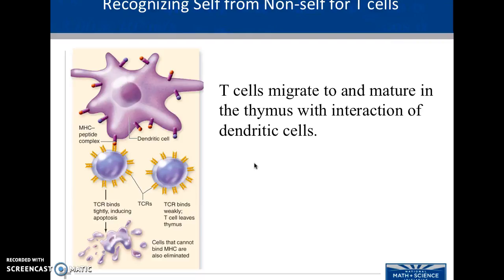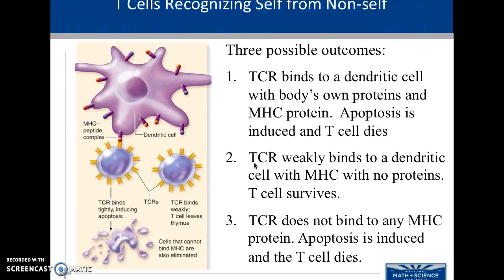T cells migrate to and mature in the thymus, and they interact with dendritic cells. And the dendritic cells are the cells that have the MHCs on them that will present the antigen protein. There are three possible outcomes for T cells interacting with dendritic cells.